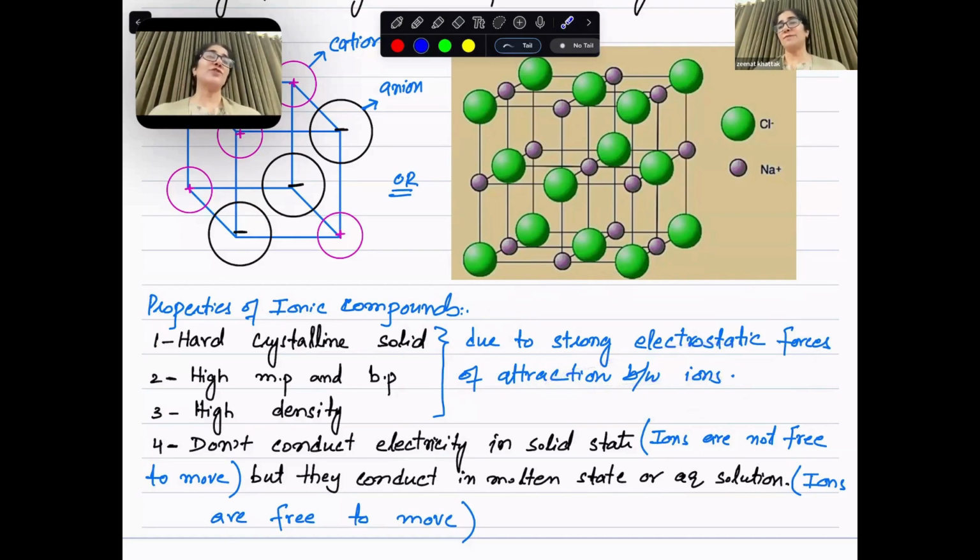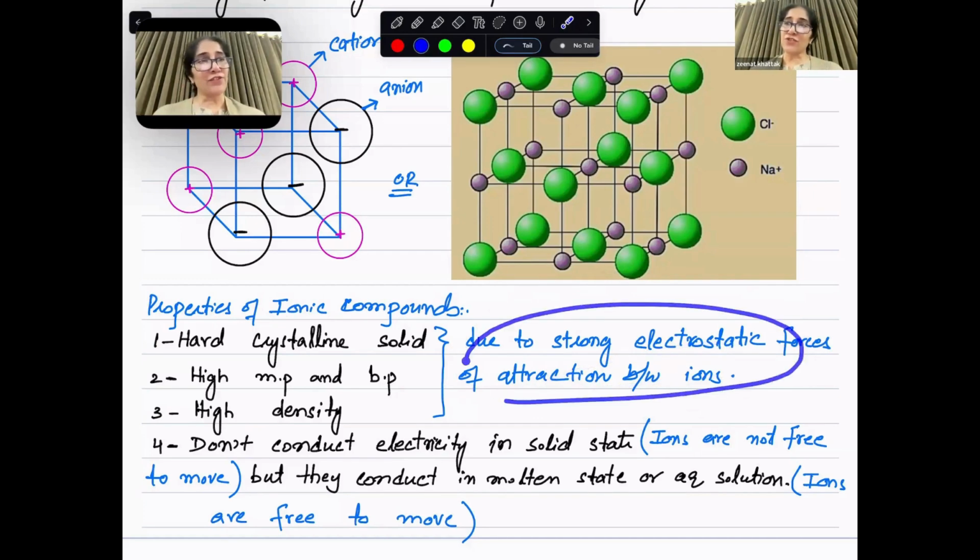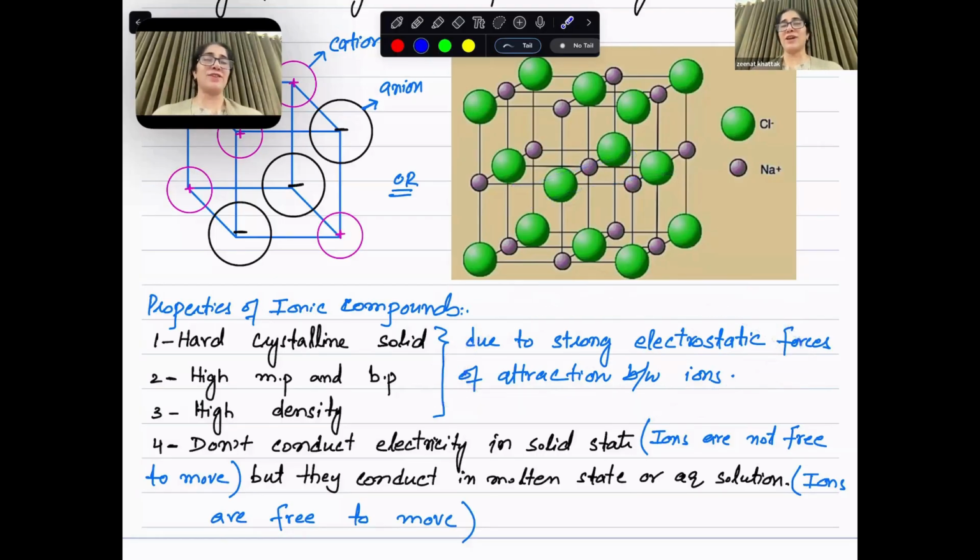Since they're very strong, it's hard with high melting and boiling points and high density, and it doesn't conduct in the solid state because the ions are not moving freely. But when they move freely, when molten or aqueous, it will conduct electricity.